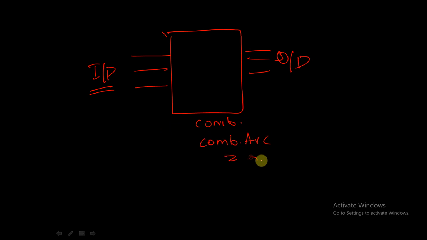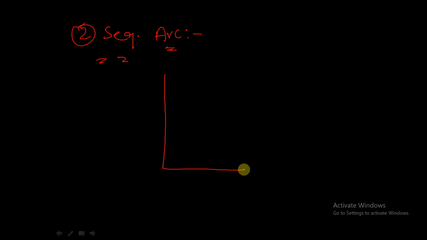Whereas we have another arc, which is called a sequential arc. In this case, it is the path traversed by a signal from the clock pin to the output pin, or clock pin to the input pin, of a sequential cell. Let me explain this with the help of a T flip flop. This is my T flip flop, and since it is a flip flop we have a clock signal.